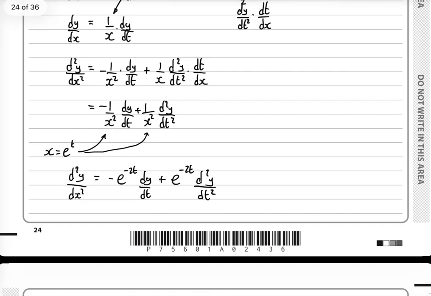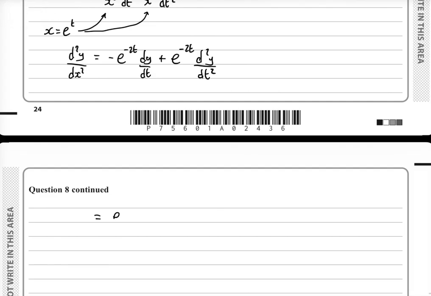And then it wanted us to factorize that. And put my positive in front, like that. And that's the second derivative of y with respect to x.